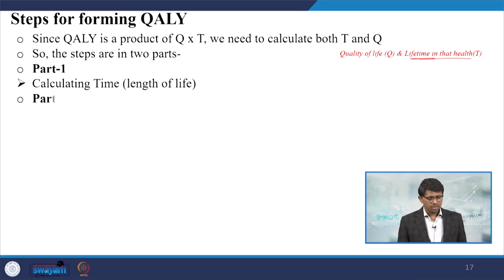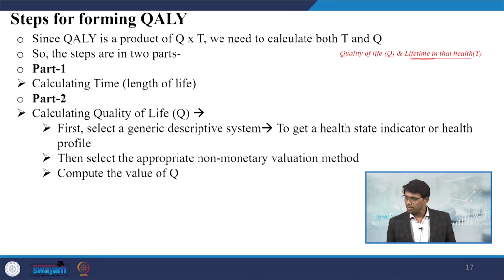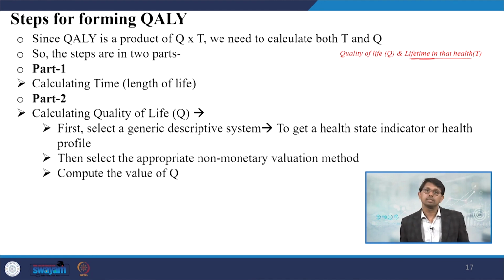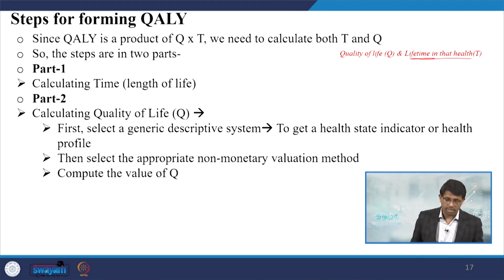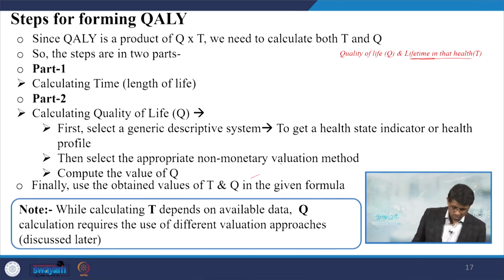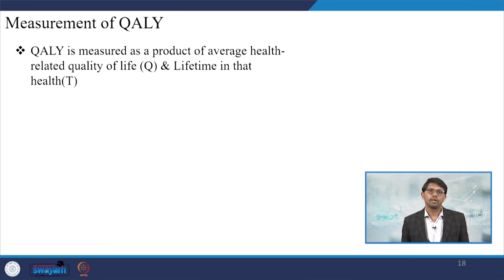The steps are, in part 1, we calculate the length of time, then in part 2 we calculate the quality of life, that is Q. From the different descriptive systems, we get the indicator and their profile, then we select the appropriate non-monetary valuation method, and then we compute Q. Finally, we use the obtained values of T and Q in the given formula to get the index, that is QALY. Calculating T depends on available data, and Q calculation requires the use of different valuation approaches. Those will be discussed later.